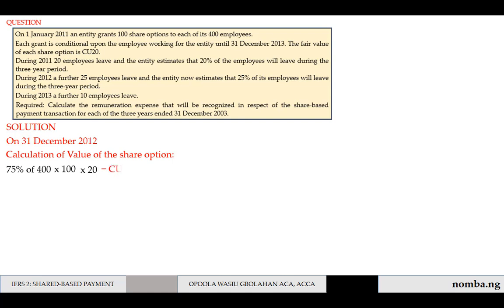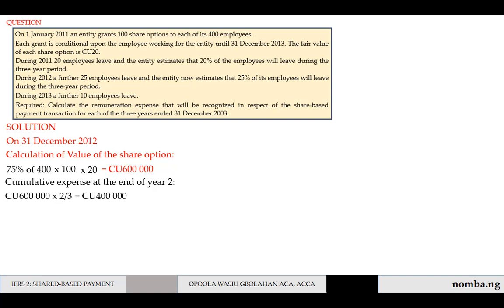It gives us 600,000. Therefore, the cumulative expense at the end of year 2 is 600,000 multiplied by 2 over 3, to get the cumulative expense for the 2 years, because this is the second year. So that gives us 400,000.